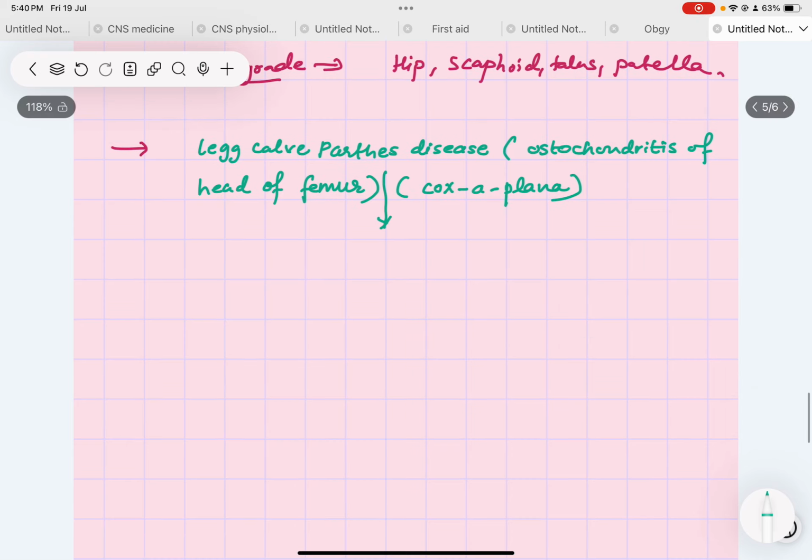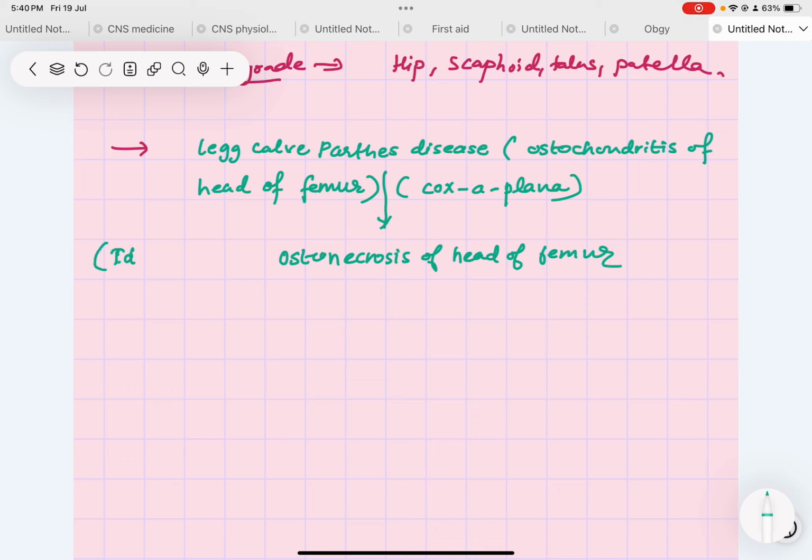So in this, what is actually happening? It is an avascular necrosis of the head of the femur, but the pathology is slightly different. So, osteonecrosis of the head of the femur, but this is idiopathic and spontaneous.